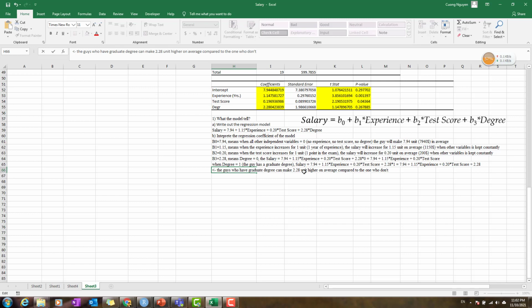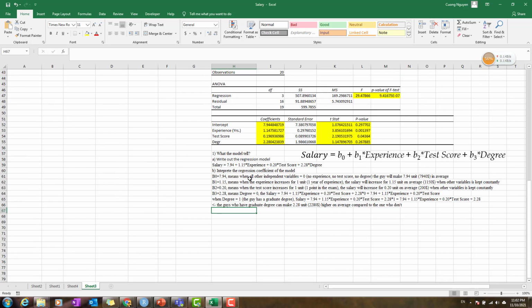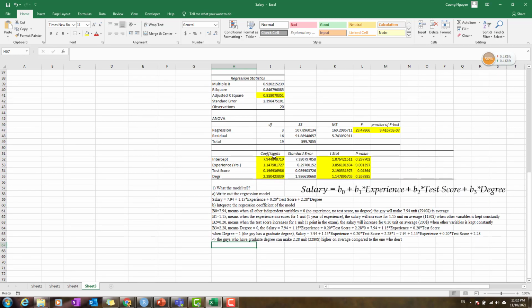Okay, and of course 2.28 units means $2,280. So that means the guy who has a graduate degree can normally make about $2,280 more than one who doesn't have that. Okay, so that's the meaning of all the regression coefficients in the model.